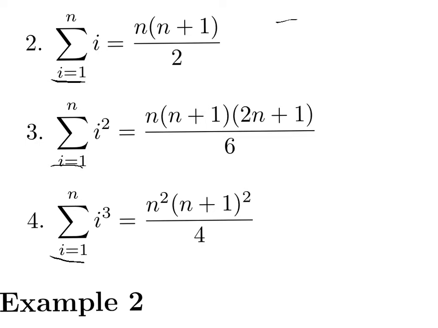I want you to prove it to yourself. Do this sum, i equals 1 to 3, of i. Do it right now on your paper. Do it the long way, and then you can also try it the shortened way.